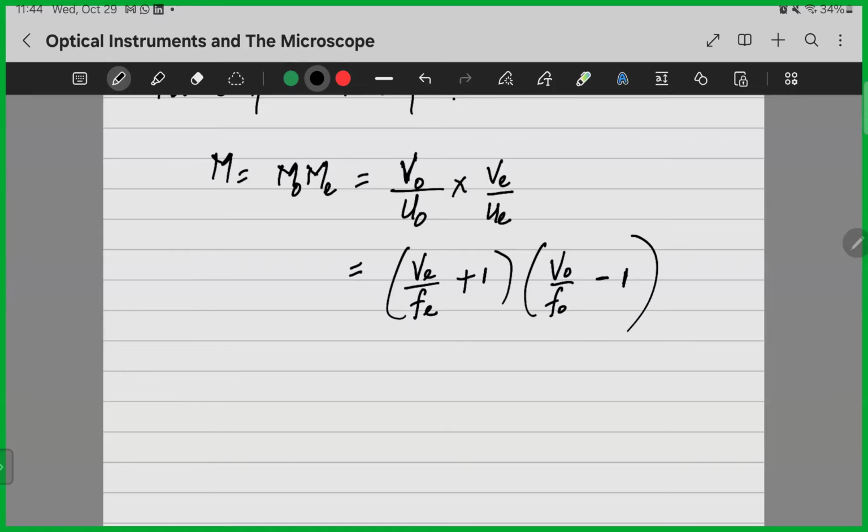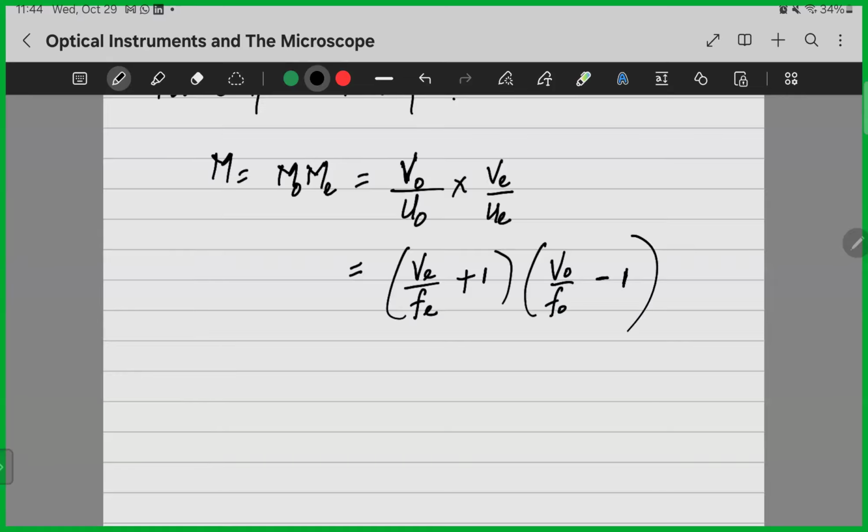We've talked about compound microscope, modified compound microscope. Let's talk about a simple astronomical telescope. Take note of that.